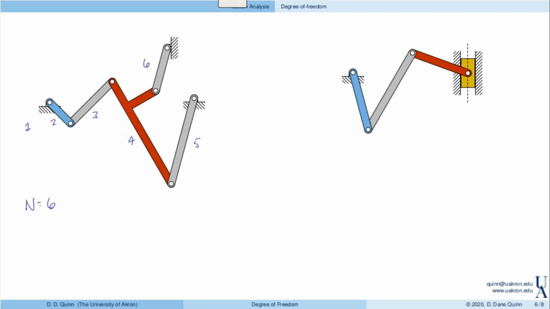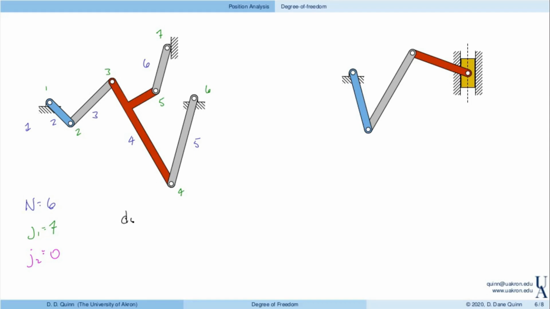Let's count up the number of pin joints. 1, 2, 3, 4, 5, 6, 7. So here J1 is equal to 7. And we have no 2 degree of freedom joints. So J2 is equal to 0.